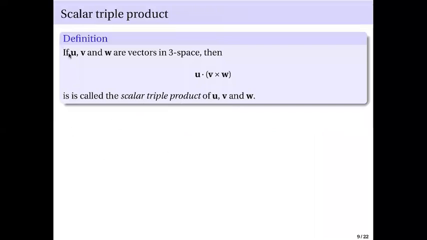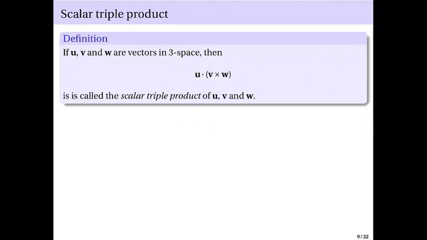If u, v, and w are vectors in 3 space, then u dot v cross w is called the scalar triple product of u, v, and w.